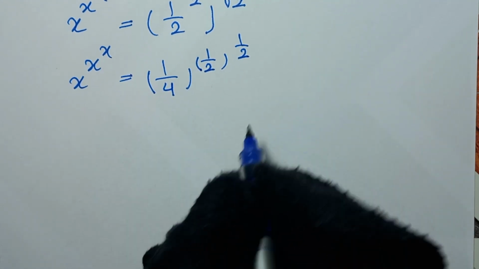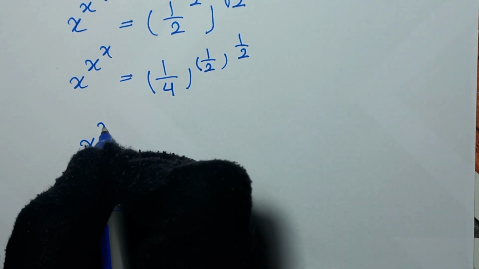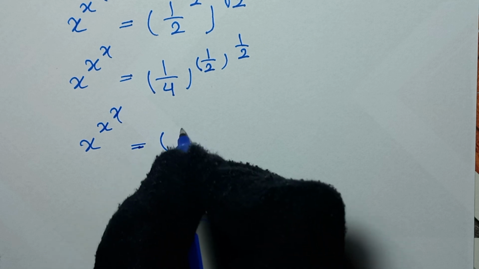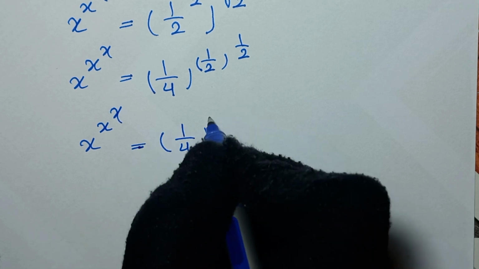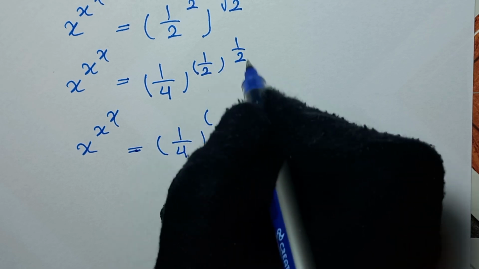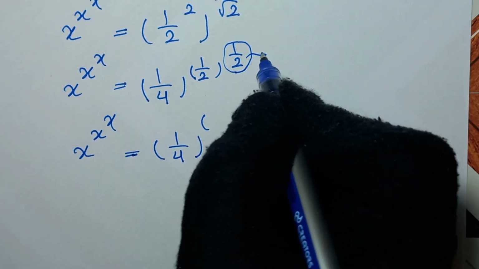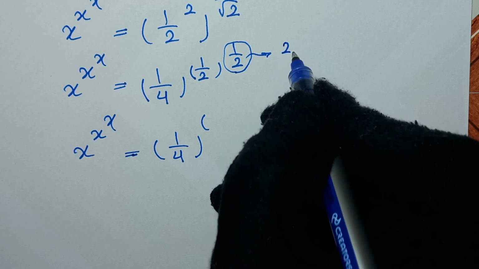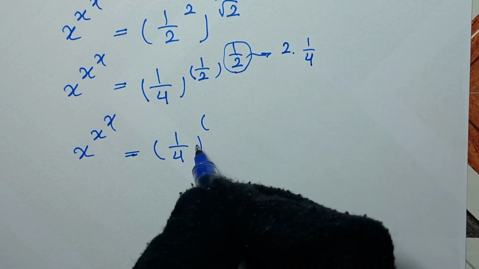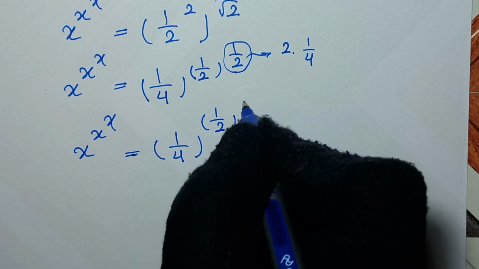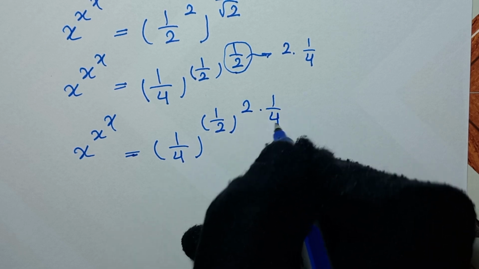And in the next step, it will be x to the power of x is equal to 1 over 4 to the power of, here we have 1 over 2. We can write this 1 over 2 as 2 times 1 over 4. So we write 1 over 2 to the power of 2 times 1 over 4.